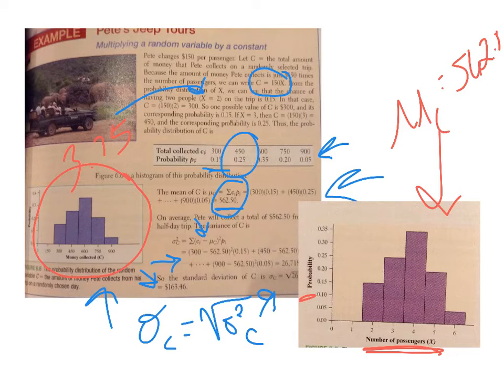The spread in the original one is 1.0897, which is my standard deviation of X, whereas my standard deviation of money collected is 163.46, which is 150 times the standard deviation of the first probability distribution.